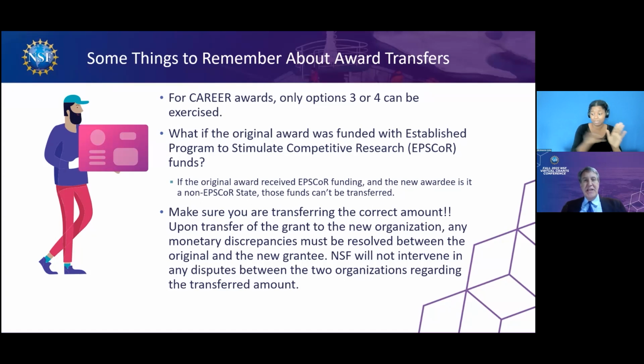And again, DGA can assist with this process in identifying what is EPSCoR or non-EPSCoR funds. And again, it is specifically if the EPSCoR program has provided funds, not just that the awardee organization is located within an EPSCoR state. It is specifically the EPSCoR funds.